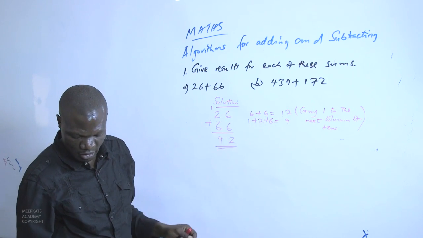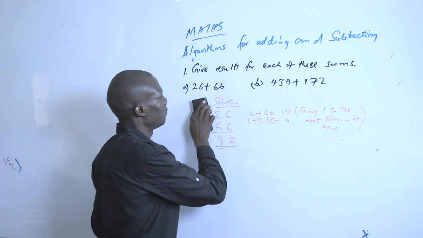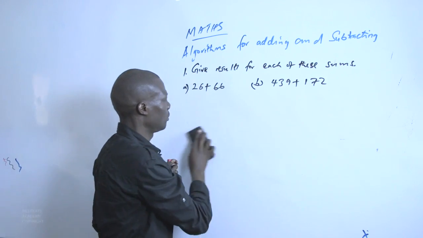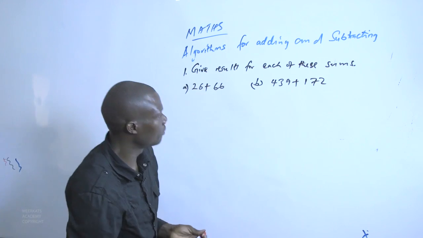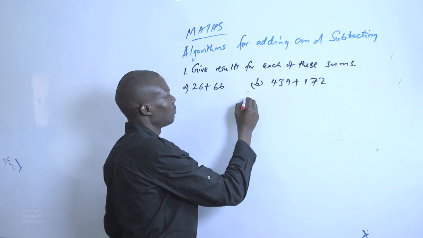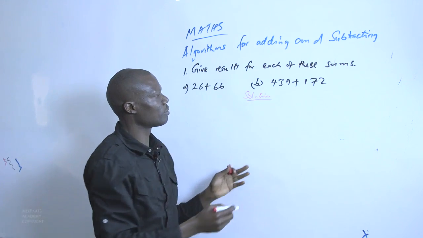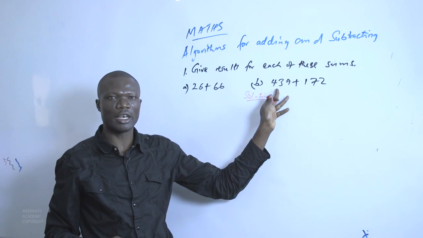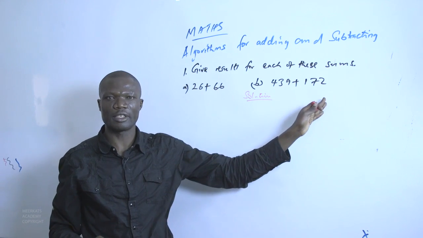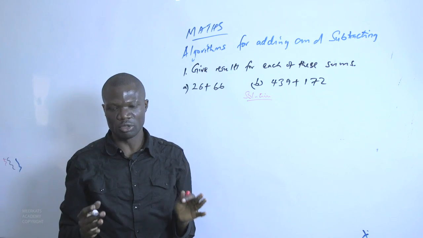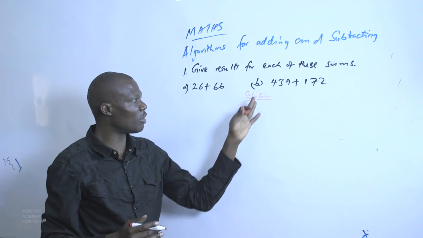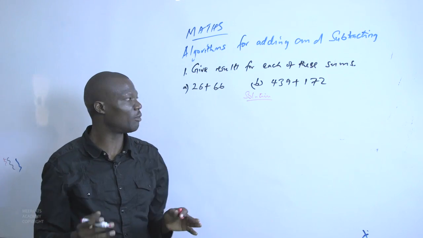For the second question, 439 plus 172. We need to consider the first step of arranging the digits in a vertical manner.